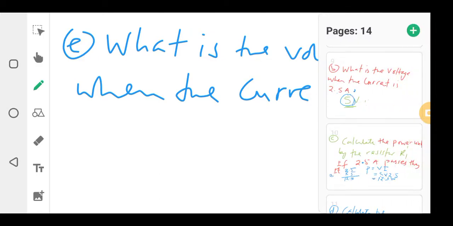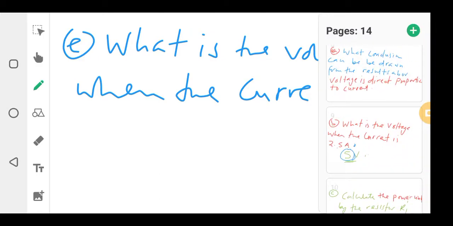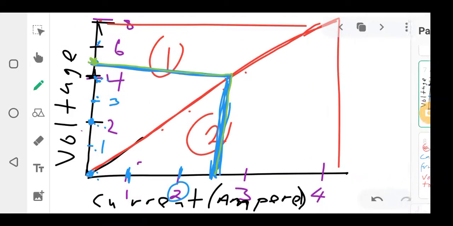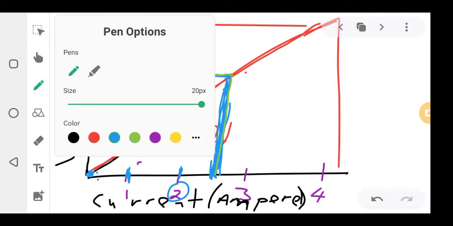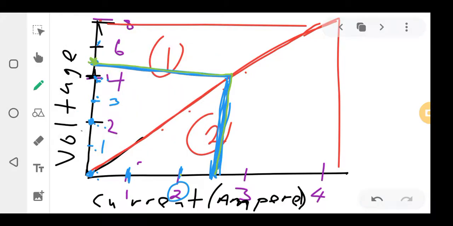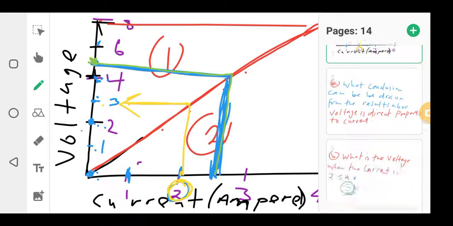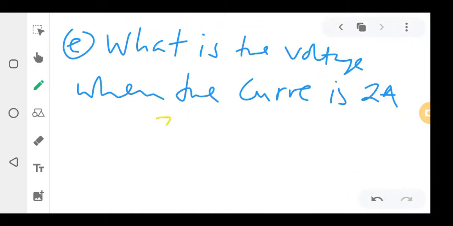Again, I come on the graph, I go where 2 amps is, and then I locate the voltage. 2 amps is here. I go straight up and locate the voltage on this side. What is my voltage at 2 amps? It's 3 volts.